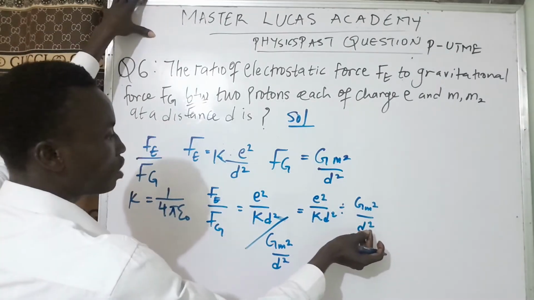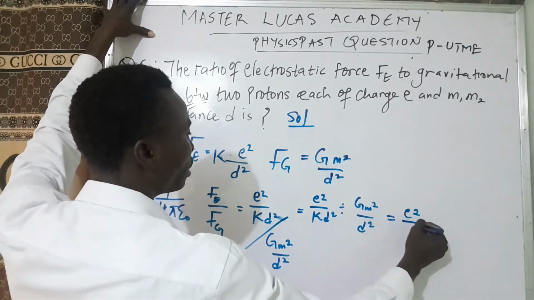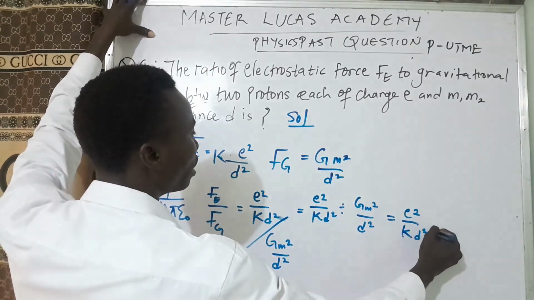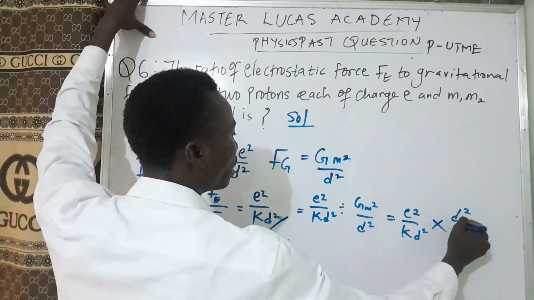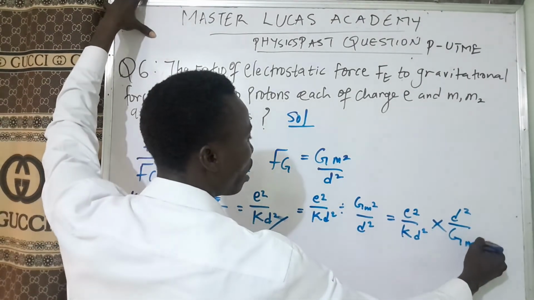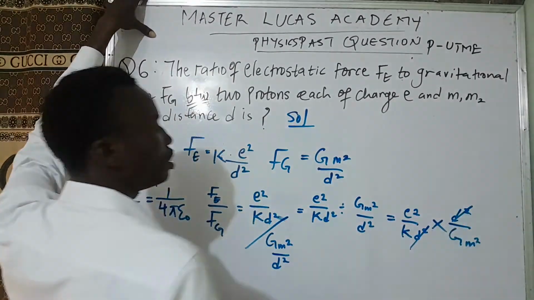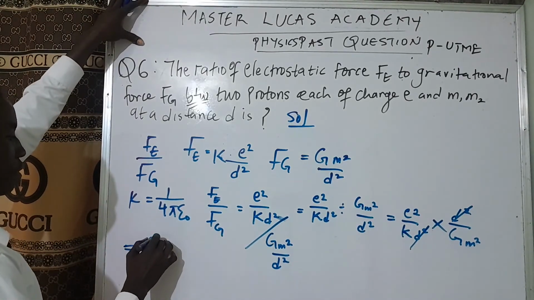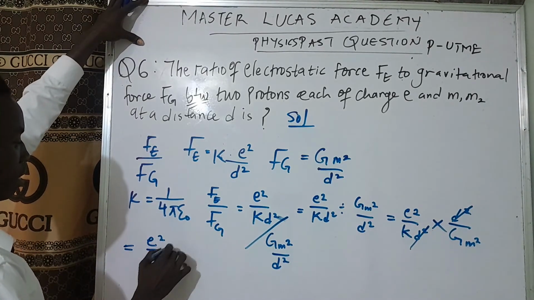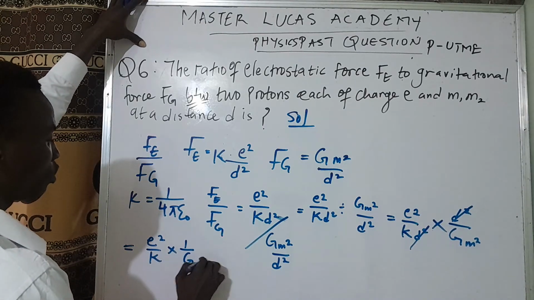You will do the inverse of this one, which gives you e squared over k d squared multiplied by d squared divided by G m squared. Mathematics says that this d squared will cancel this one here, leaving behind e squared over k multiplied by 1 over G m squared.